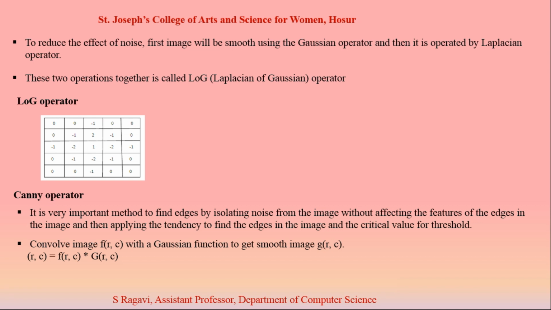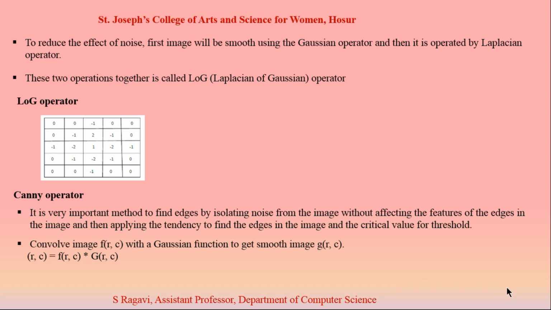These two operations together are called LoG, that is Laplacian of Gaussian. Next, let us see about the LoG operator. The image given below shows the mask that the LoG operator uses.